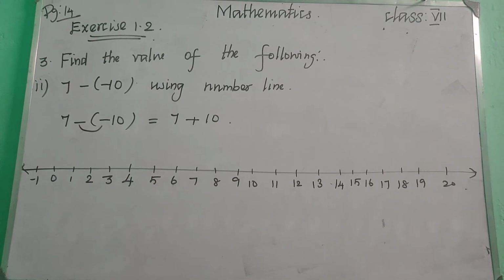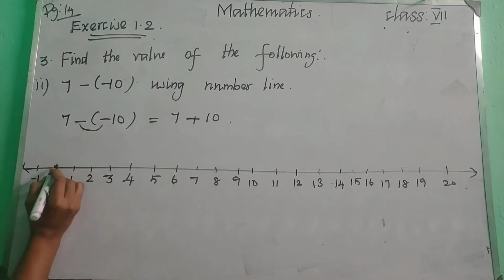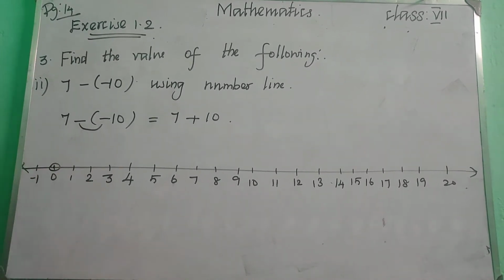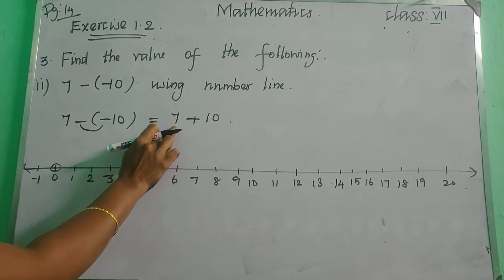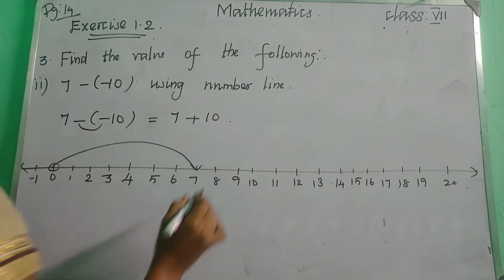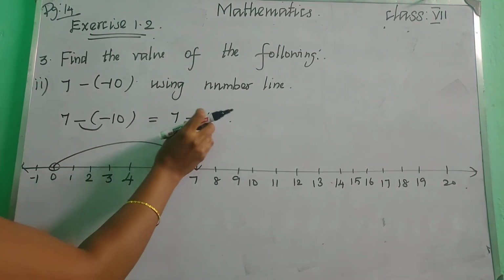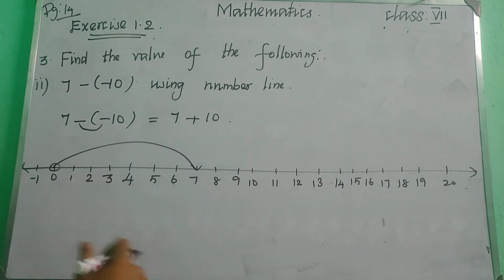So we have the number line now. We need to start from 0, so we are here now. First of all we need to move to plus 7, on the right hand side. Now we are here, and we also need to move plus 10, which is again on the right hand side.